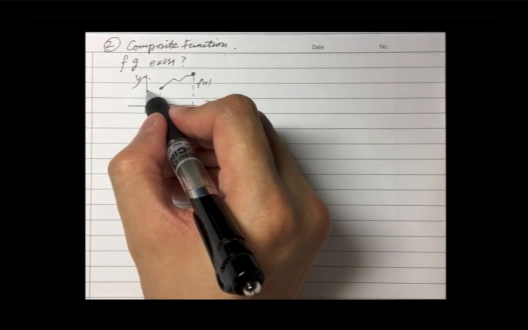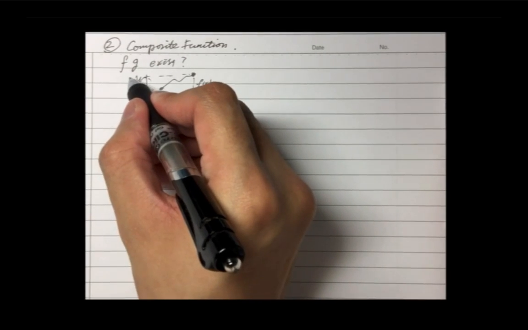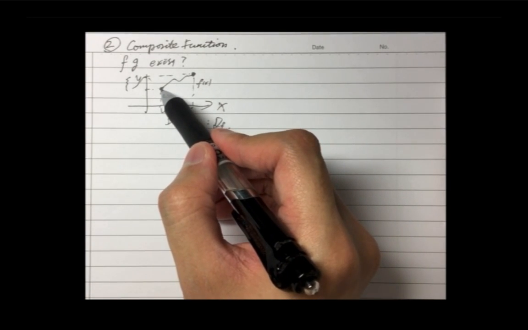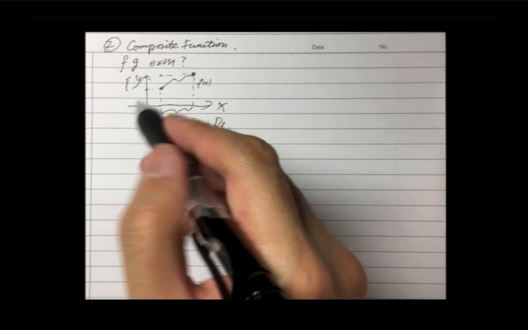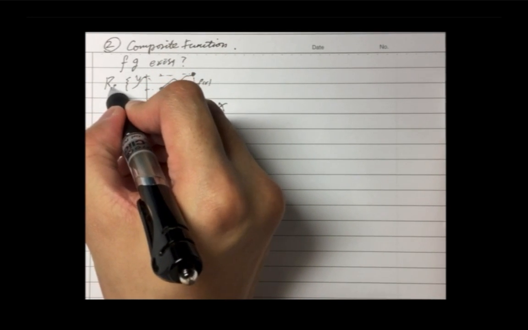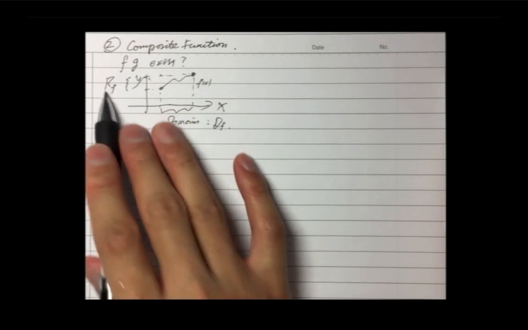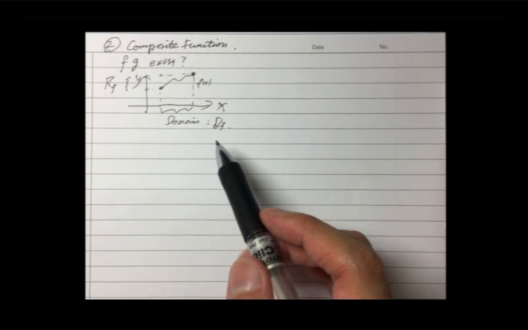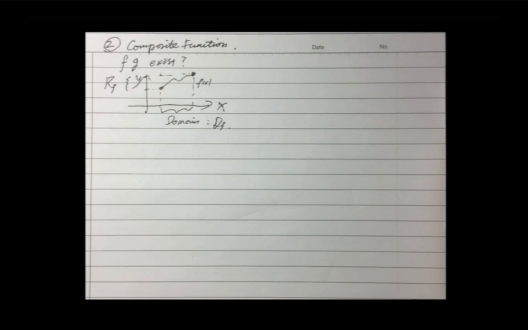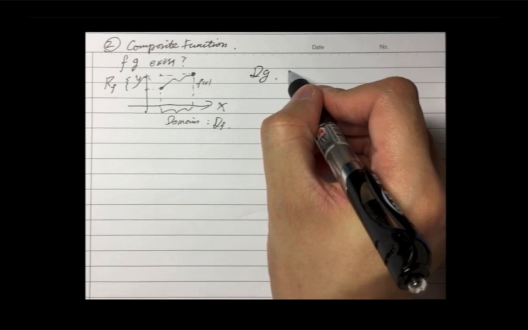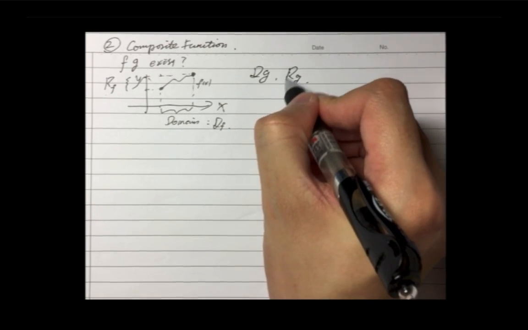And this range, how about this range? This is its range from lowest point to highest. So this is range, and we note it as Rf. For f it's like this. And for g, we need to know g's domain and g's range, right?